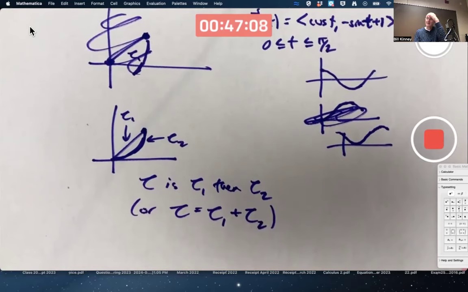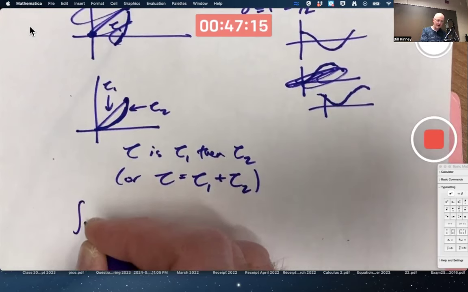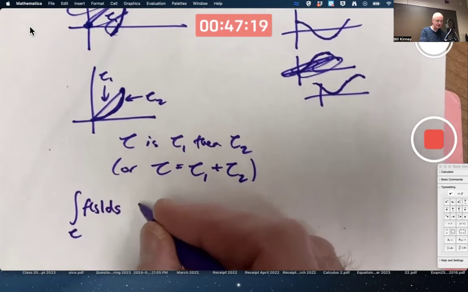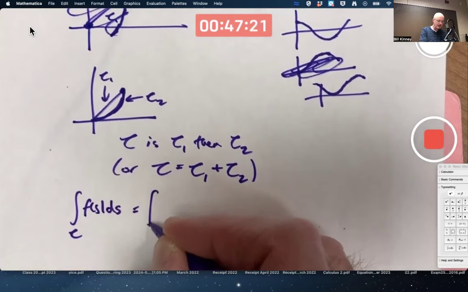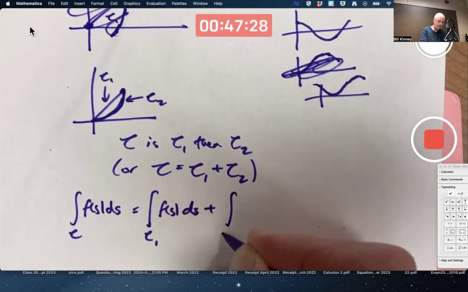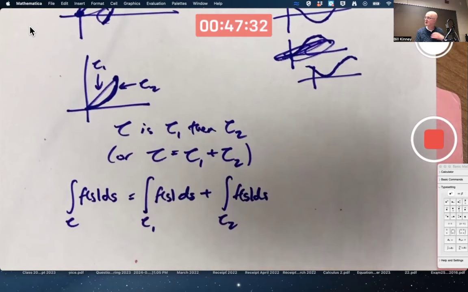It's actually somewhat standard notation. And the way you do it, when you do the line integral of f of s ds over C, is you effectively define it to be the sum of the line integrals over C1 and C2. It's essentially a definition.